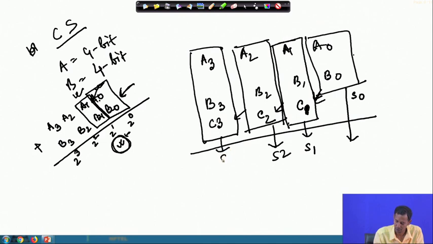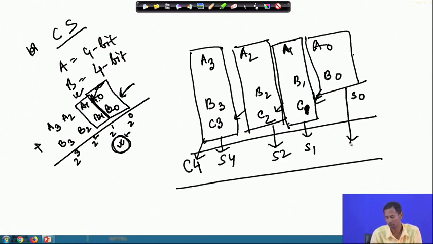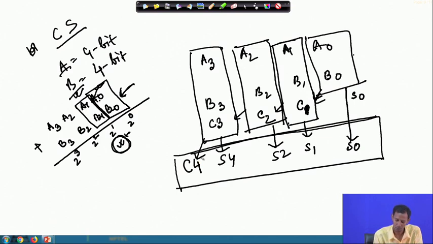Then for here S4 and this is the final carry out. Okay. So, if I want to add A and B which are of 4 bit, at that time I will get the output sum as 4 bits and 1 bit for the carry output.